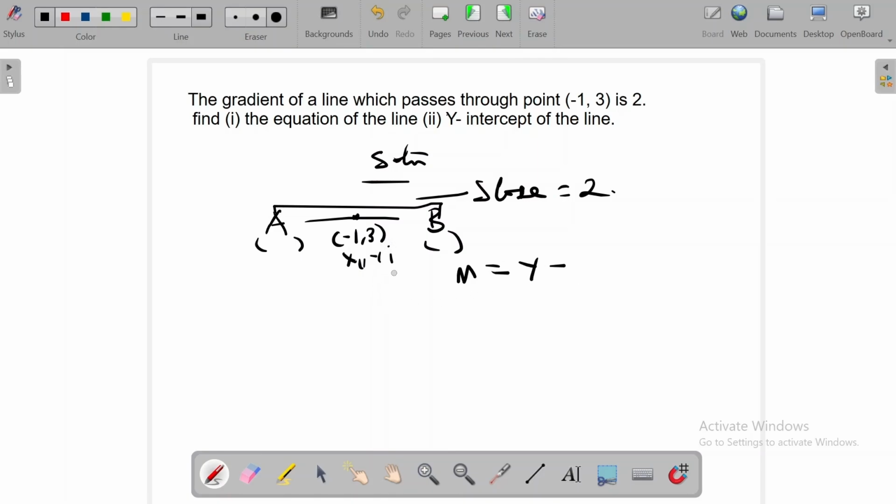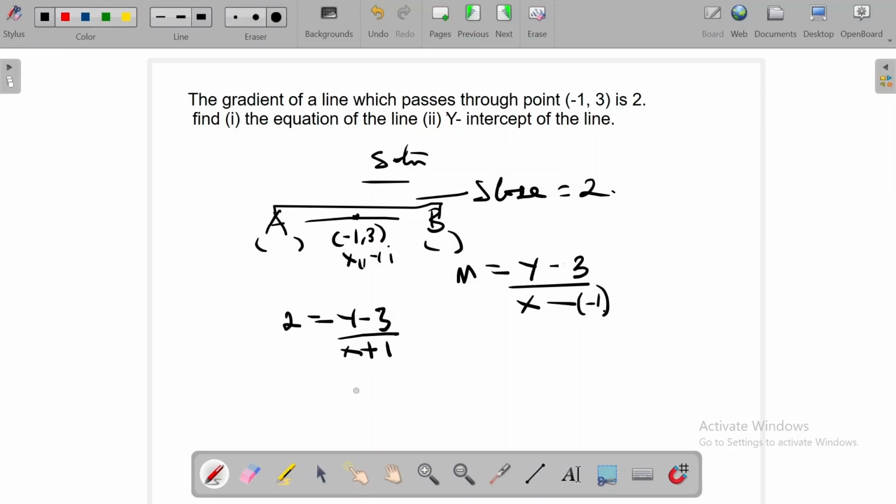What is my y1 in this case? This is 3, and x minus what is my x1? That is negative 1. What is my slope? It is 2. So this can become 2 is equal to y minus 3 over x plus 1.